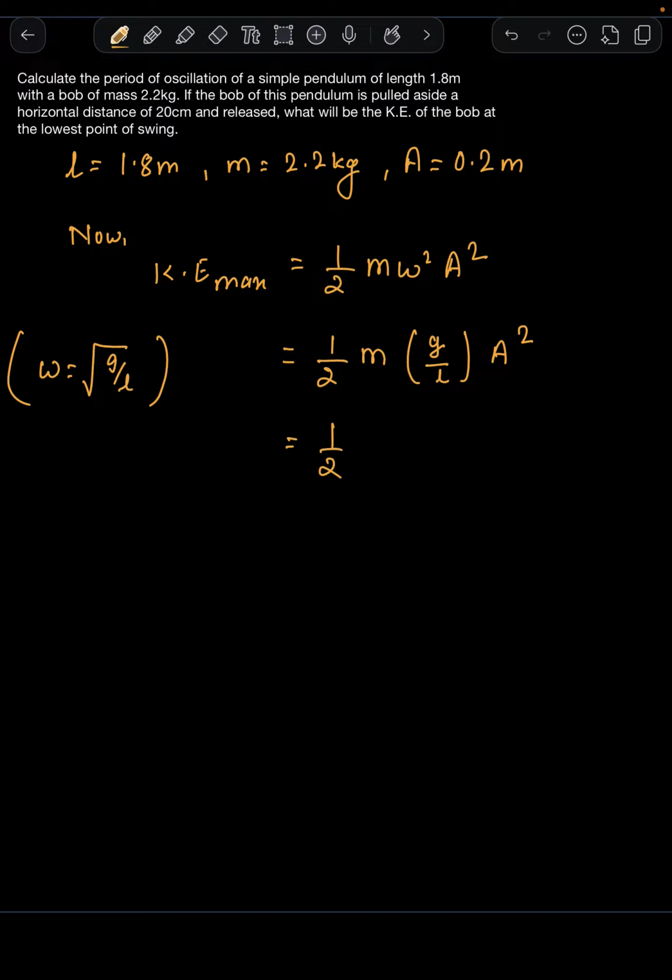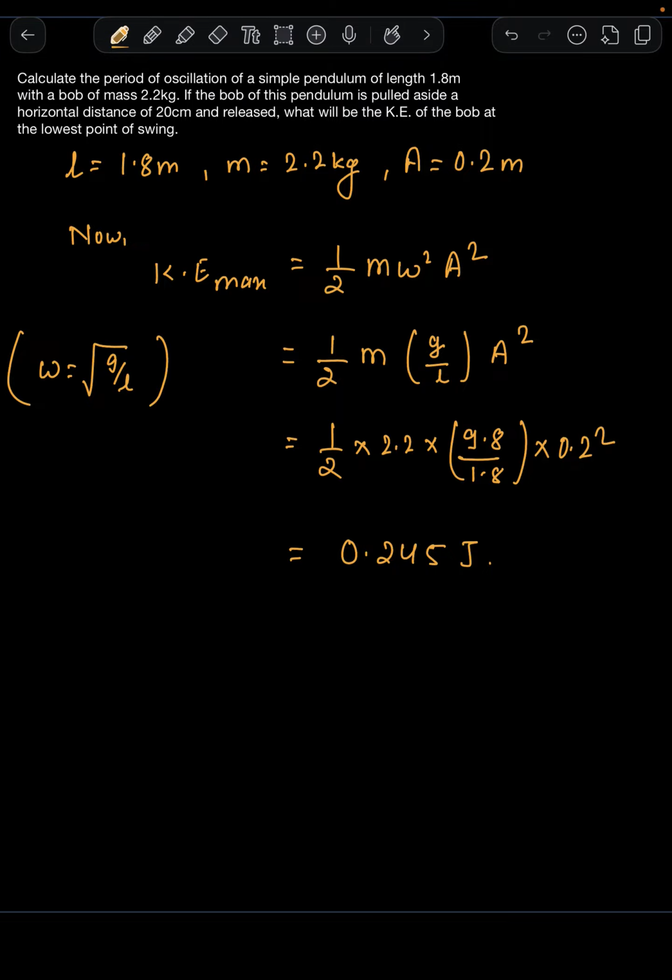Now let us put the values: 2.2 into 9.8 by 1.8, and amplitude 0.2 square. Putting all these values and solving, we get 0.245 joule. So question number 5 is also solved.